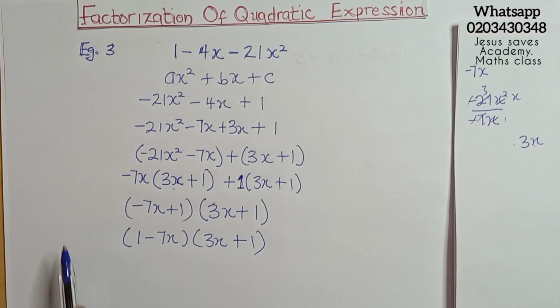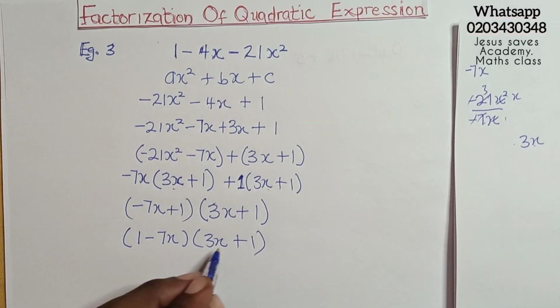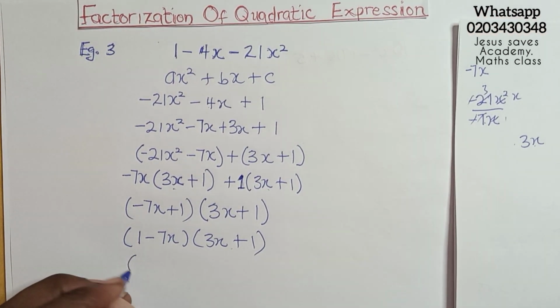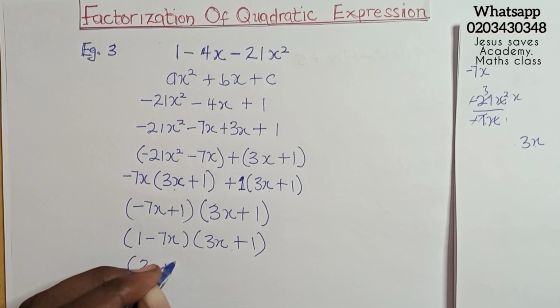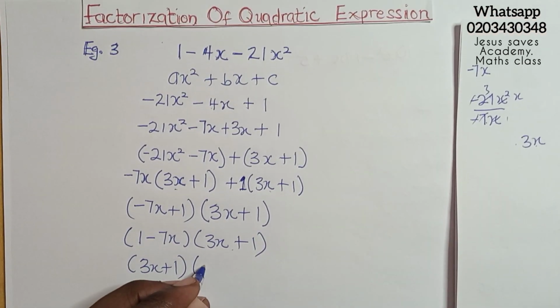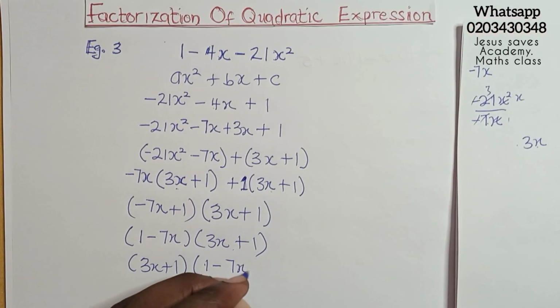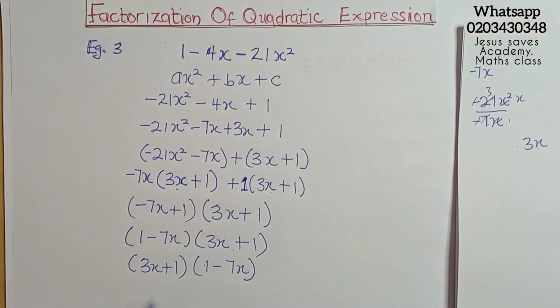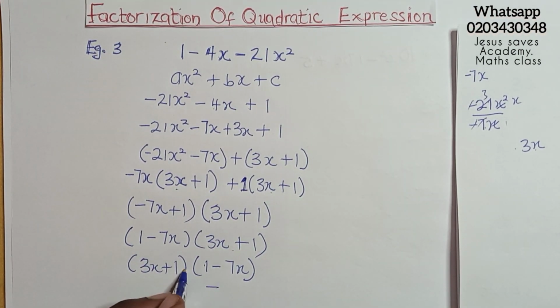The value is the same. In an objective exam they may trick you by putting 3x plus 1 first, then 1 minus 7x. This is the same as the other, because the associative property of multiplication works. So you can leave it in either form.